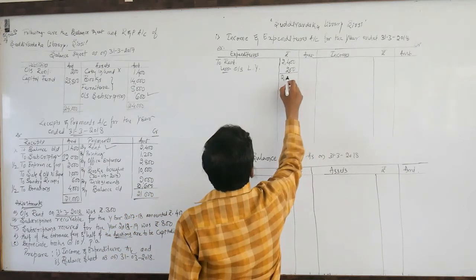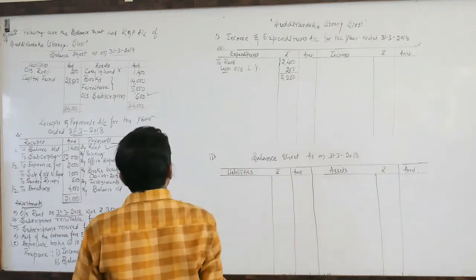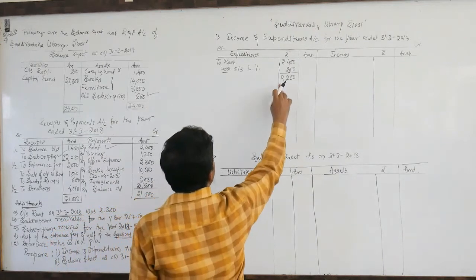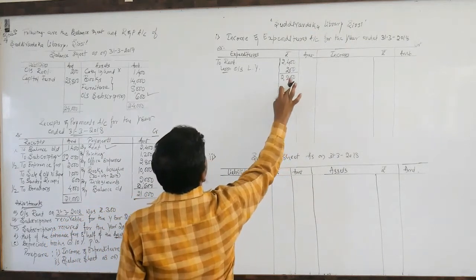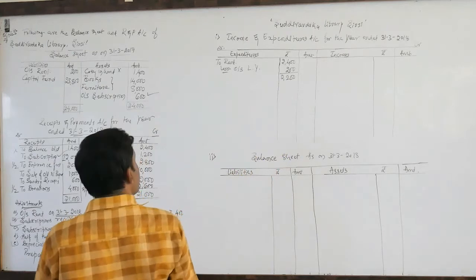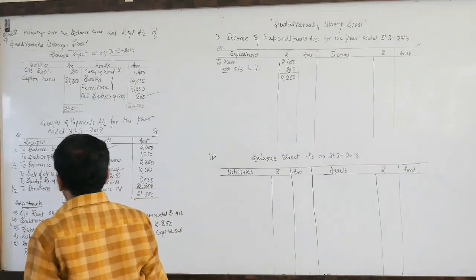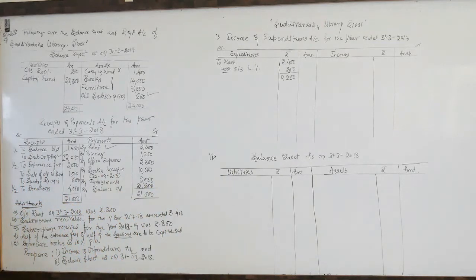Now it is 2,200. So here I have deducted, and with this we get 2,200, which belongs to the current year rent.